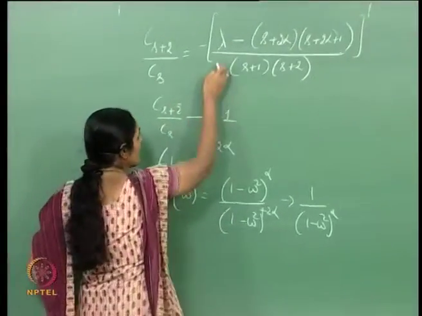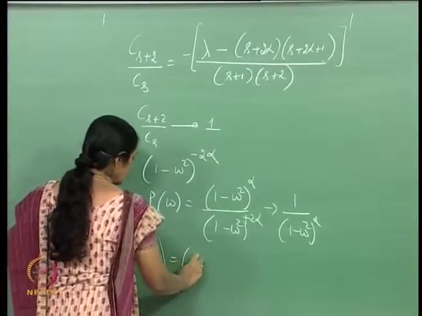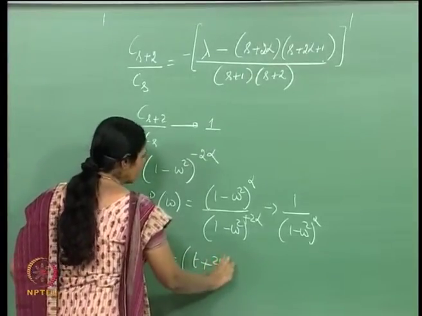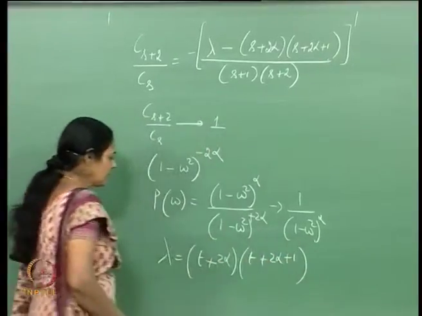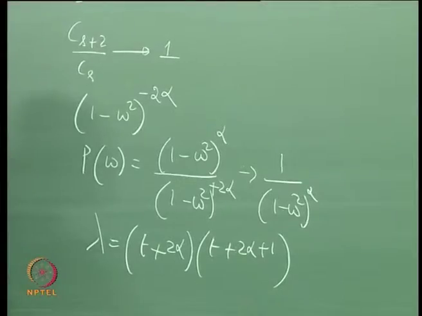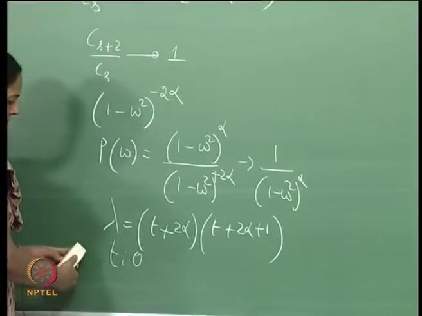In other words, suppose I fix lambda to be t plus 2 alpha times t plus 2 alpha plus 1, where t is an integer.